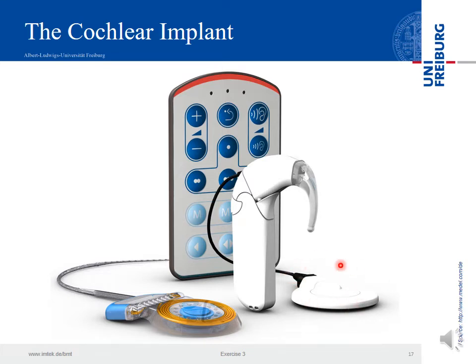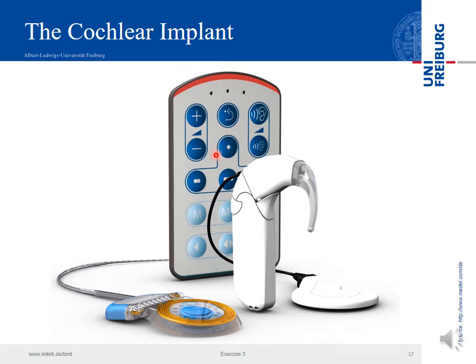We have the outer part of the transmission system, another coil with a counterpart for this magnet, and a connection to a behind-the-ear device, which carries batteries in that shaft, carries electronics and has a microphone to record the outside sound and transmit it over this coil to the implant part that stimulates via those electrodes.